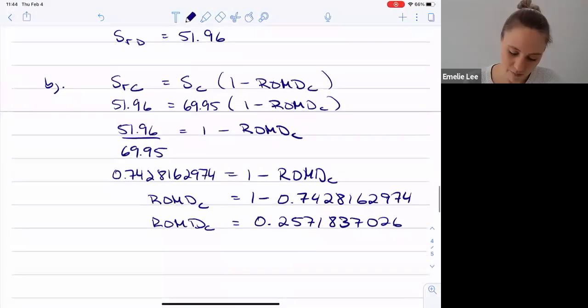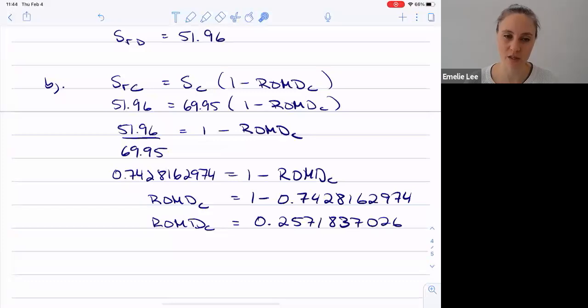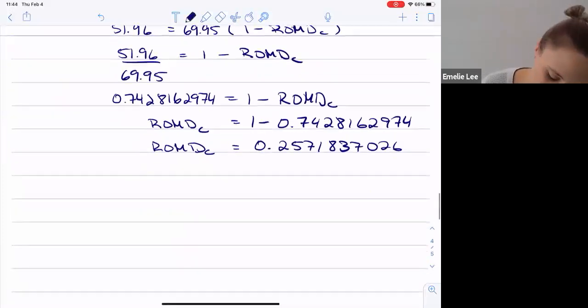So then merchant C would have to offer a 25.72% discount in order to match the price that merchant D is offering. And I'll write that out.